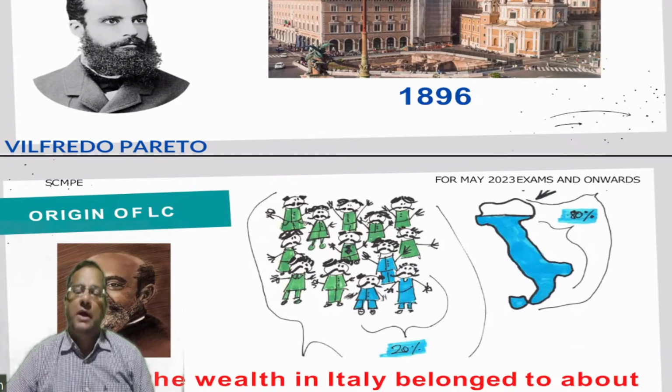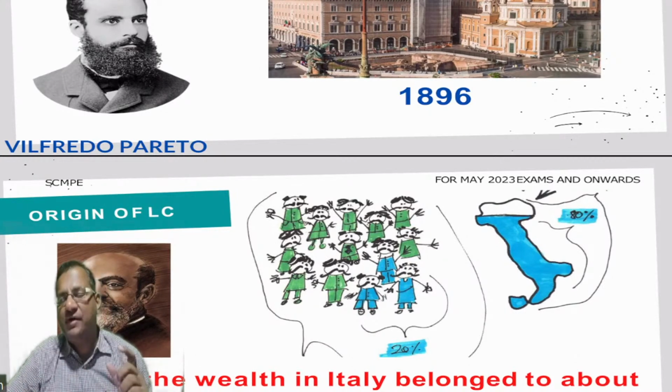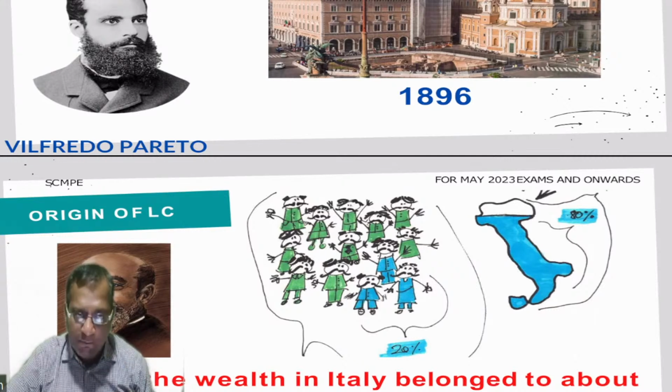that 80% of the wealth of Italy is owned by 20% of the Italians. 80% wealth of Italy is owned by 20% of the Italians.